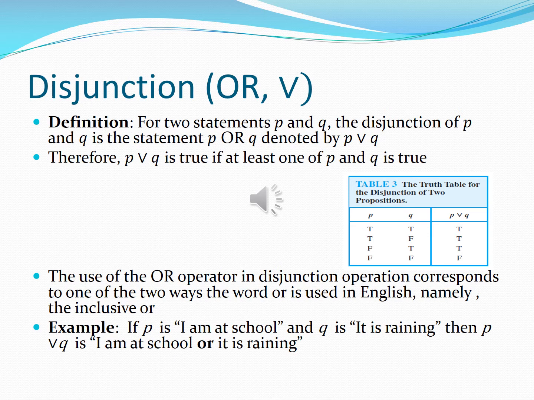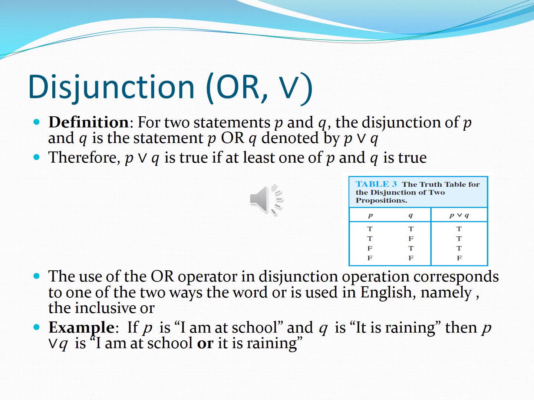Disjunction, or. Definition: For two statements P and Q, the disjunction of P and Q is the statement "P or Q," denoted by P ∨ Q. Therefore, P or Q is true if at least one of the statements P and Q is true. Please see the truth table below.